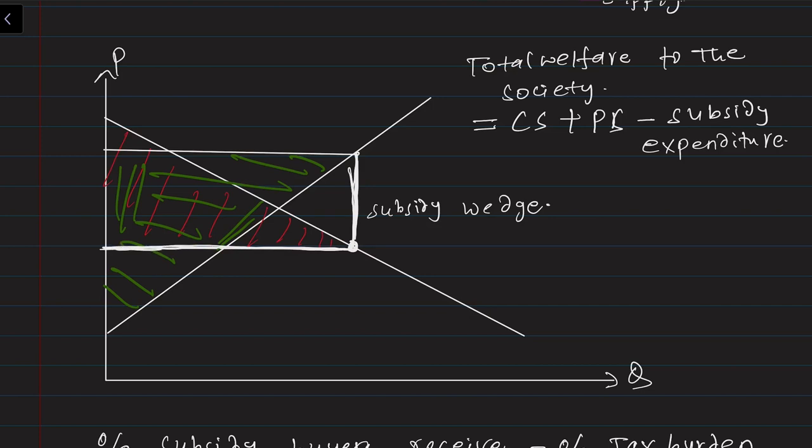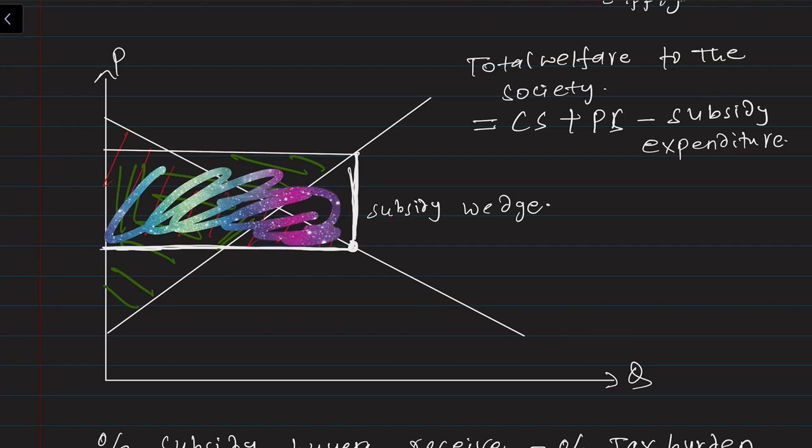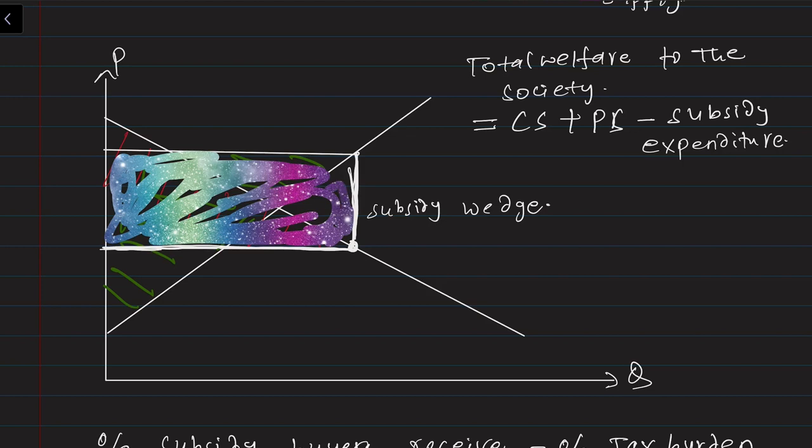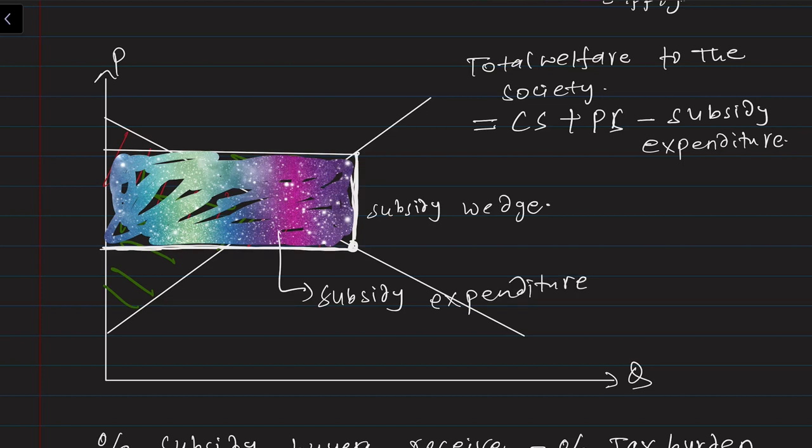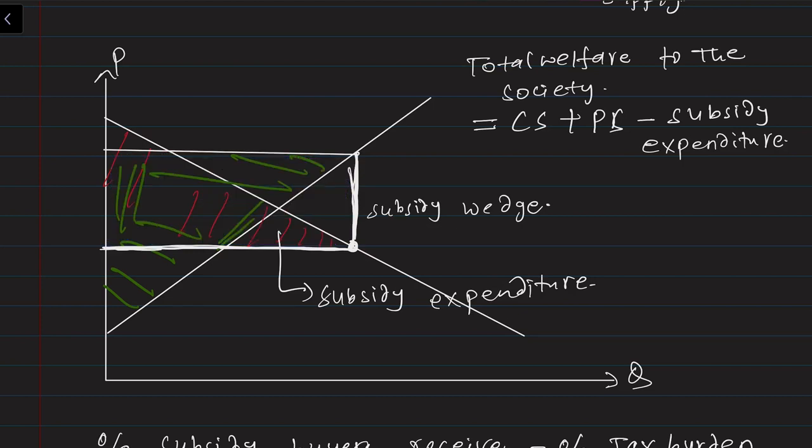So this whole bigger rectangle is the subsidy expenditure. Let me delete this so that I can show you some more things.